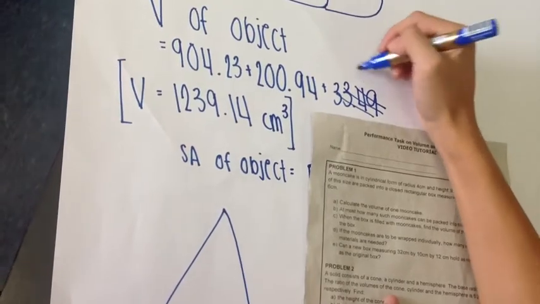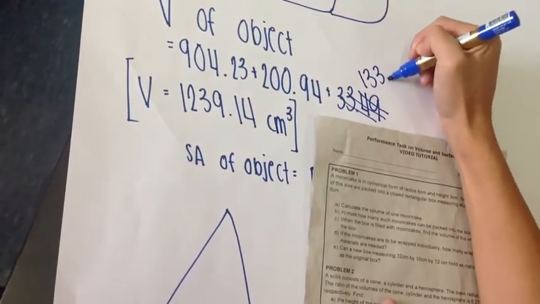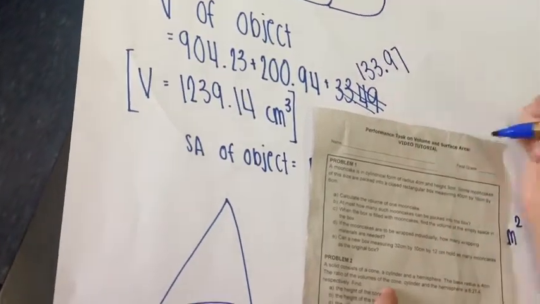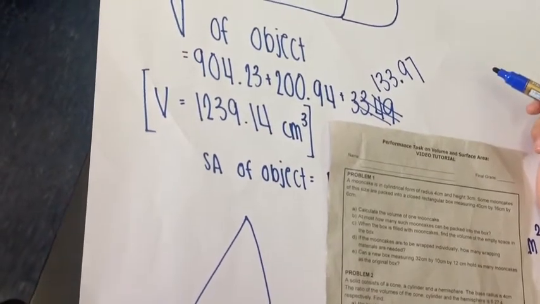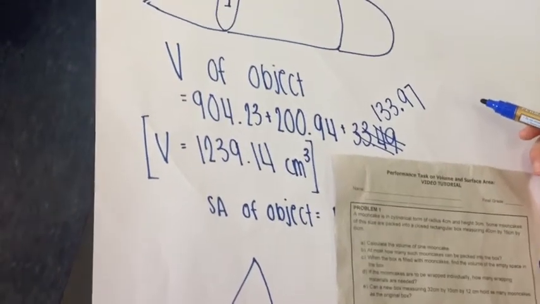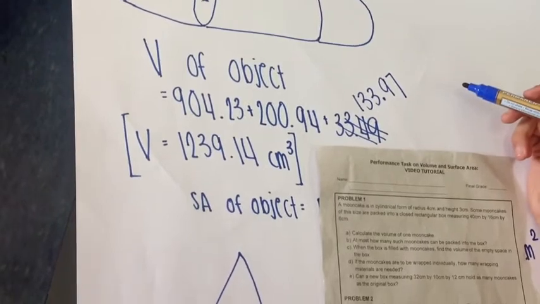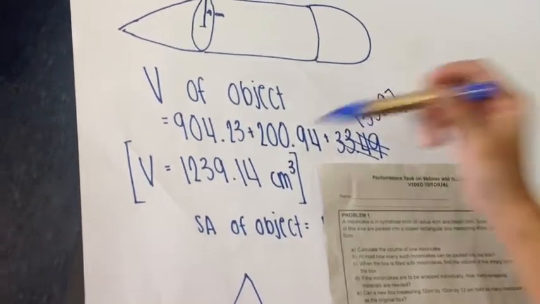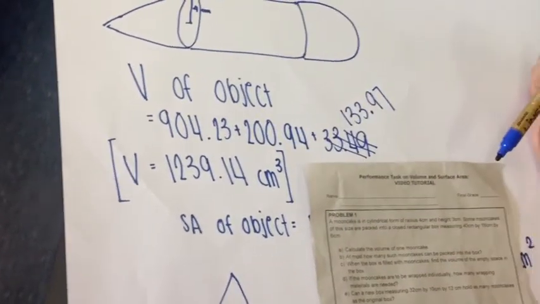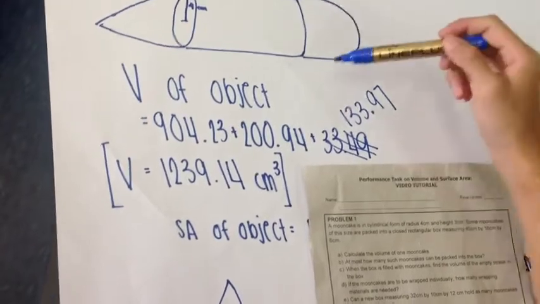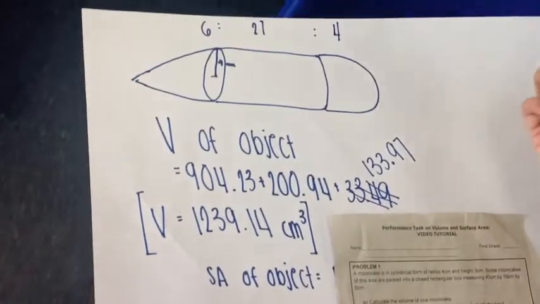And we have 133.97, which is the volume of the hemisphere, like what was solved a while ago. When we add all of this, we will come up with the answer 1239.14 cm cubed. This then is the volume of the object.